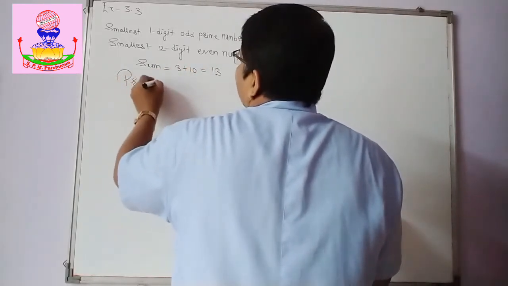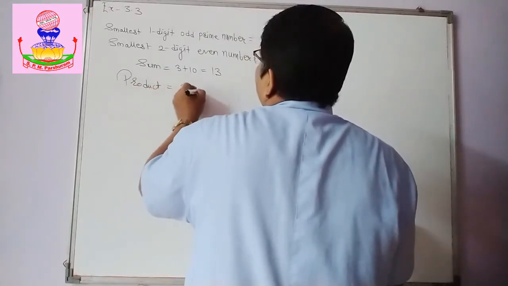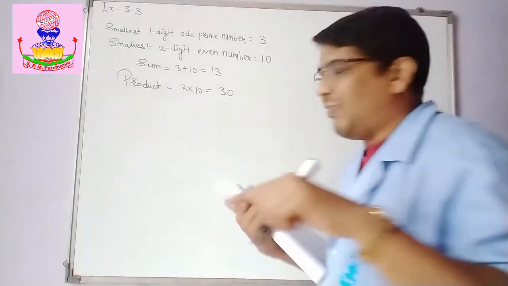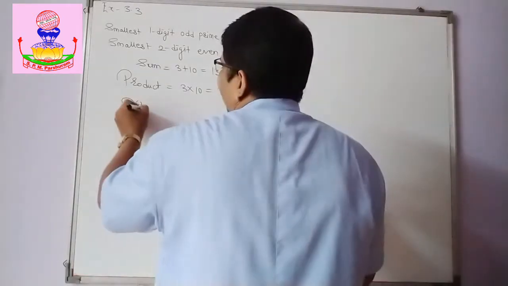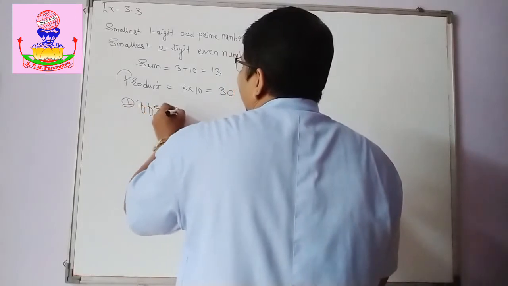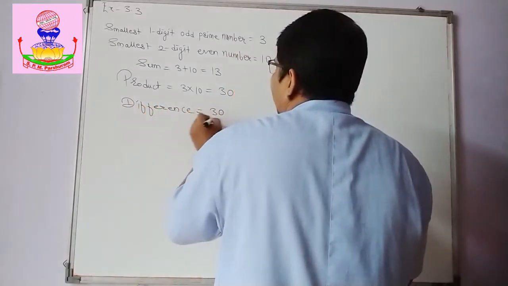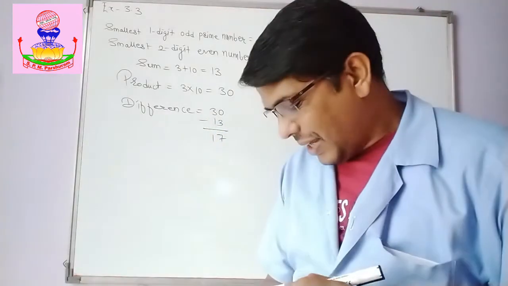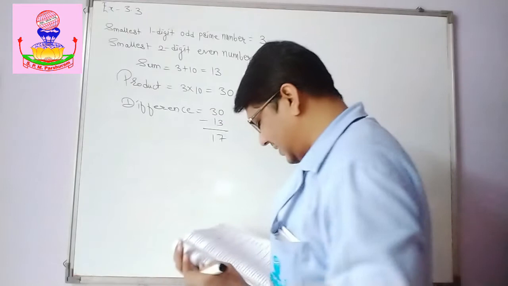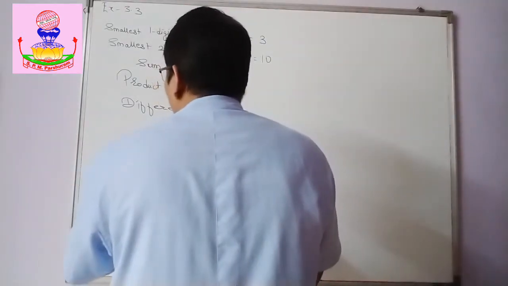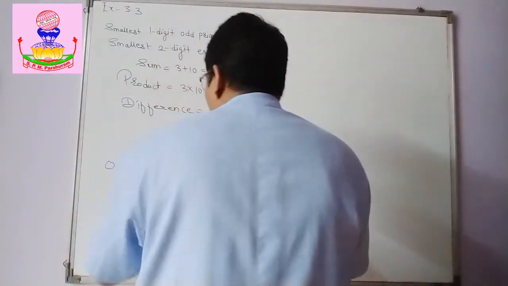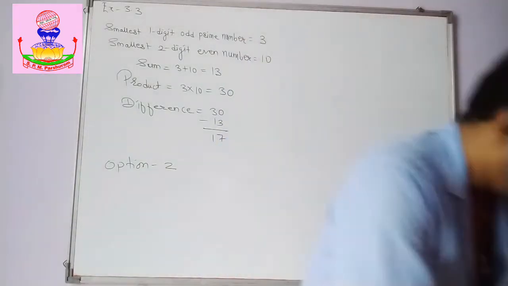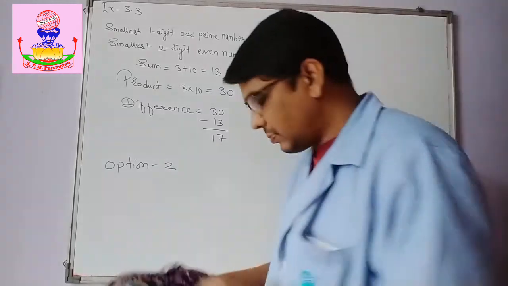And the product. What is the product? 3 into 10, that is 30. And now we want to find the difference. What is the difference? 30 minus 13, that is 17, right? And so the option number is, oh yes, option 2. Okay? Now, next example, we'll see.